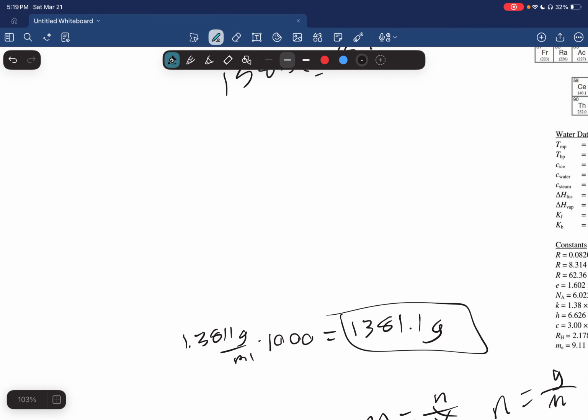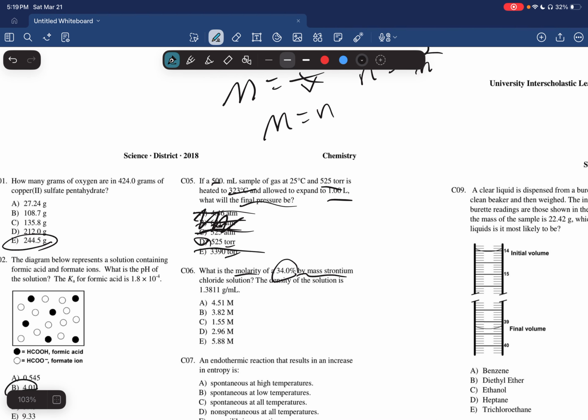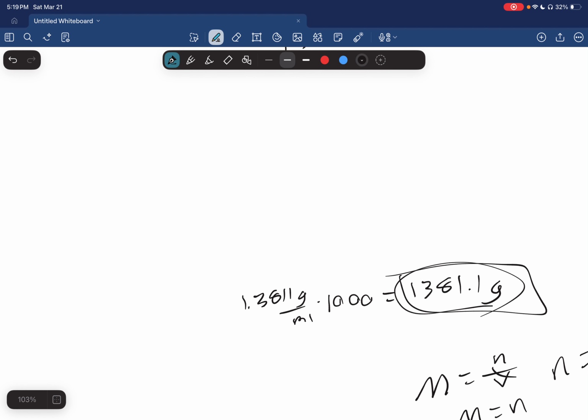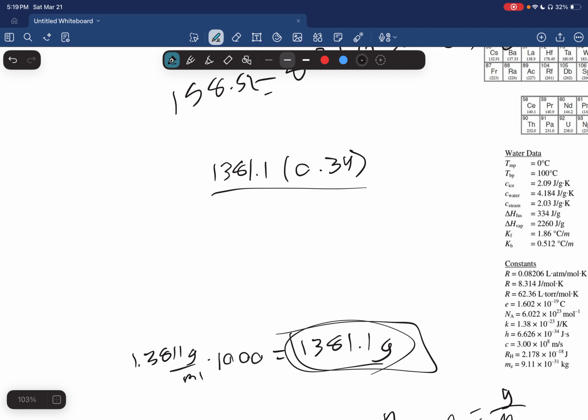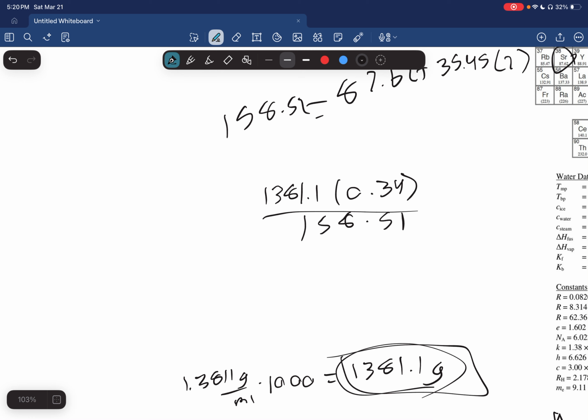And we need to remember that this question said we had a 34% by mass solution. So only 34% of these grams is actually strontium chloride. So when we do our moles calculation, we need to multiply our total grams by 34%. That makes sure we're not assuming that the whole solution is made out of strontium chloride.